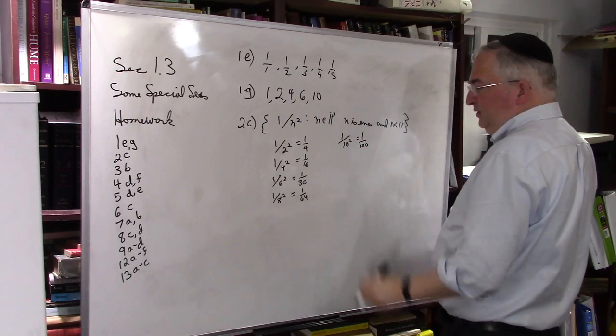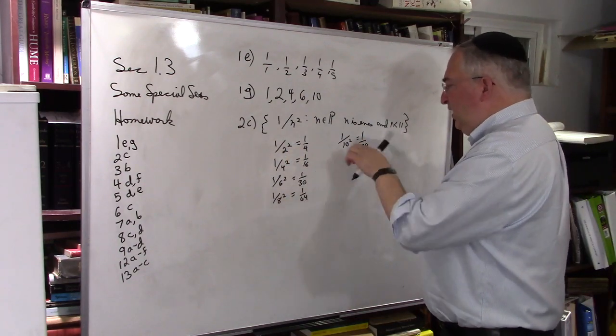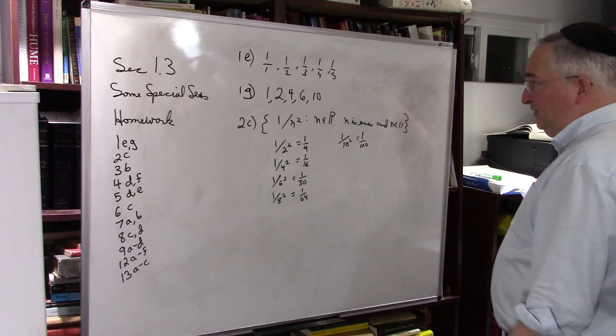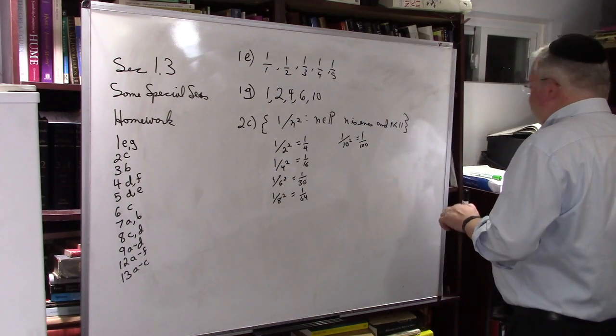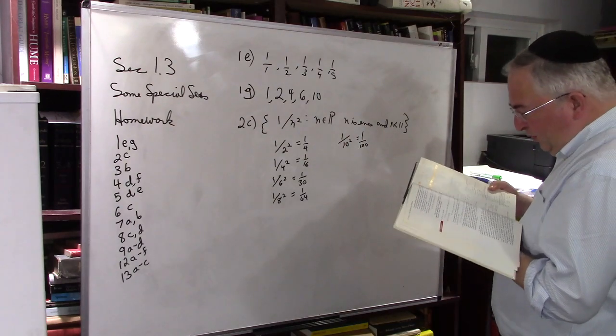And that's it. 2, 4, 6, 8, and 10 are the even numbers less than 11. So that takes care of 2C.